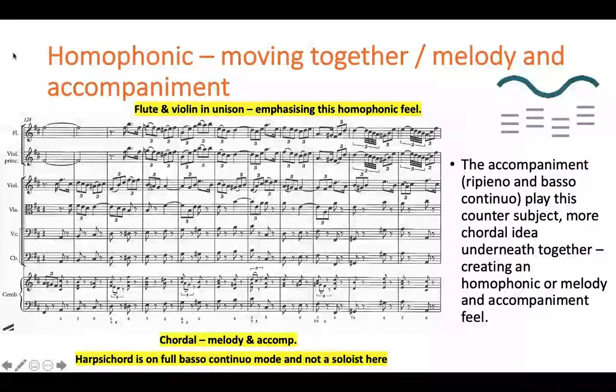Homophonic means everything's moving together, so often quite chordal. But melody and accompaniment, you've got a chordal accompaniment with a melody on top. And normally, unless it's a multiple choice answer where it gives you ones to select, if you put homophonic when it's melody accompaniment, then they will give you that mark.